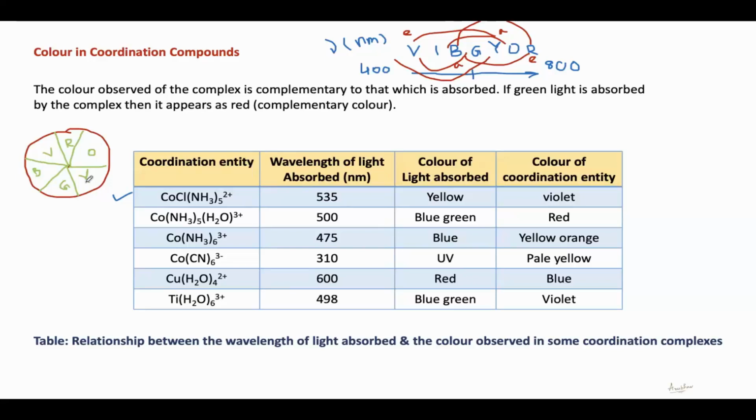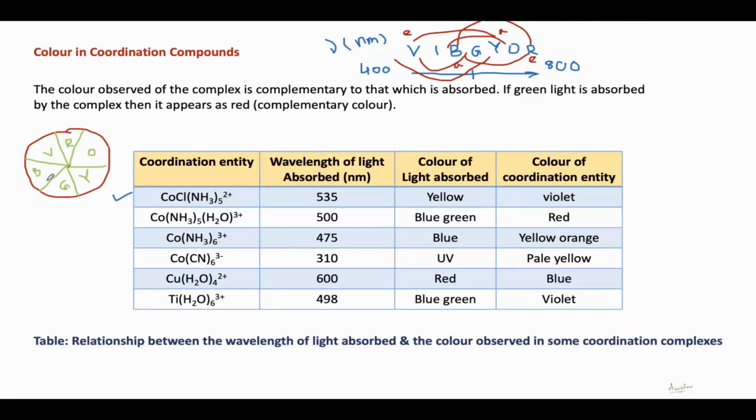Now, the color that is absorbed by the complex, the opposite color will be shown. So here, when the color of light absorbed is yellow, opposite to yellow, it is violet. So that's why the color is showing here as violet.